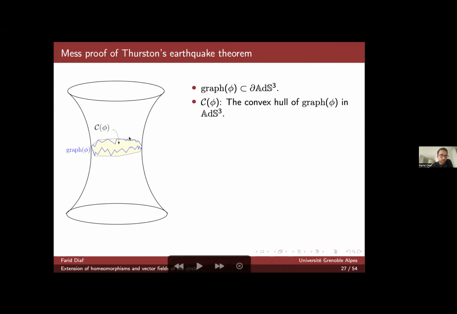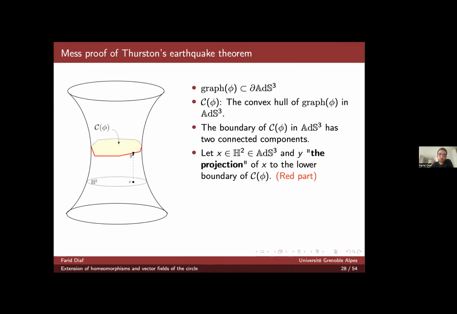So it will be something like this. And then the boundary of this convex hull has two connected components. Let's take the connected component which is the red one. And now I fix my favorite copy of H2 inside this hyperboloid, as you see, this horizontal H2 in the picture.